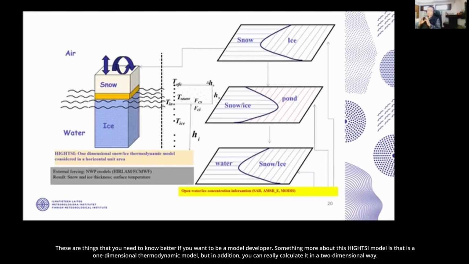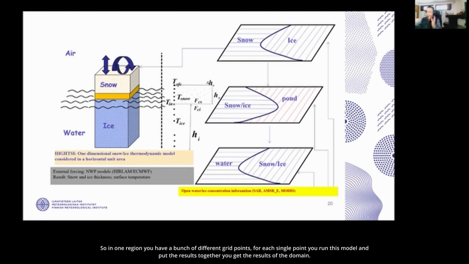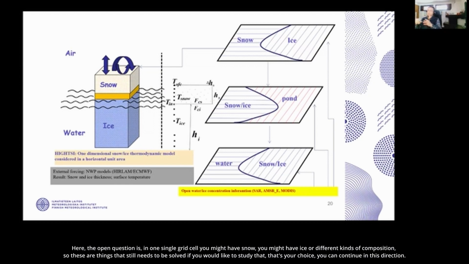Something more about this Heitze model: it's a one-dimensional thermodynamic model, but in addition, you can really calculate it in a two-dimensional way. If you think of one region, you have a bunch of different grid points. For each single point, you run this model and put the results together, and you get the result for the domain.